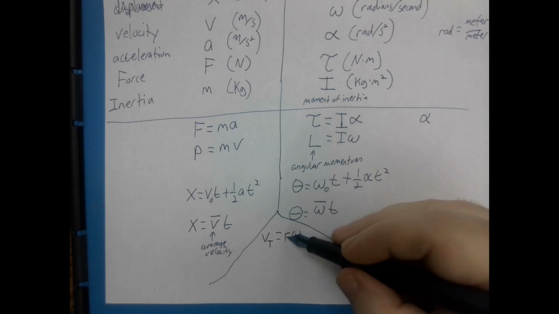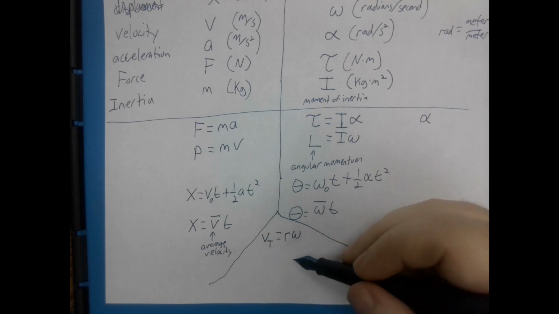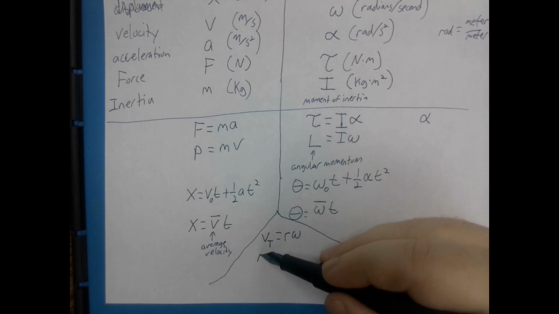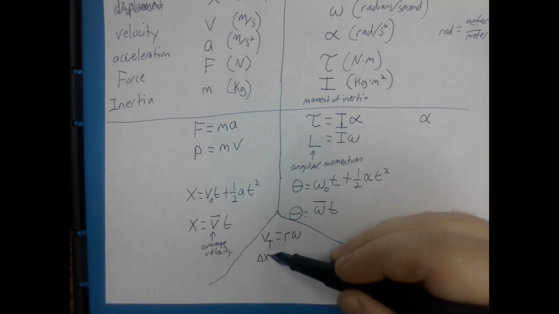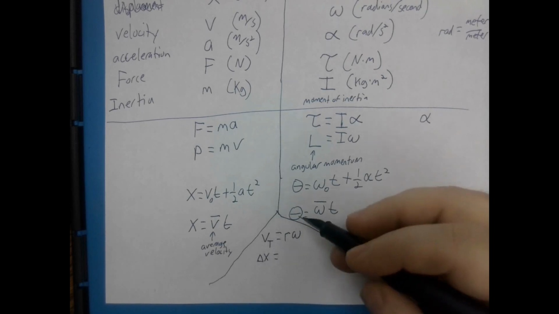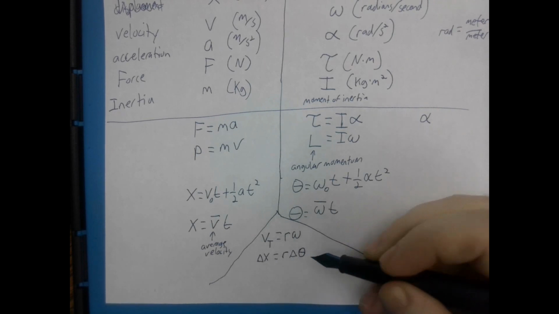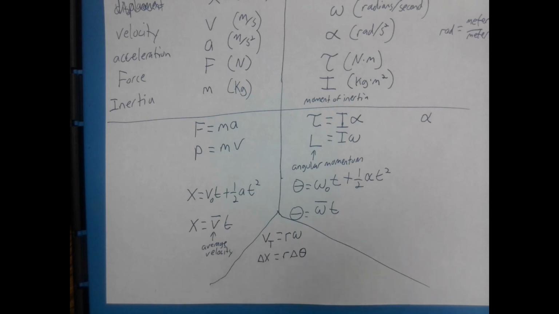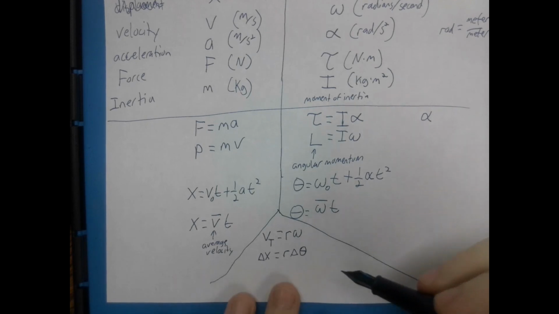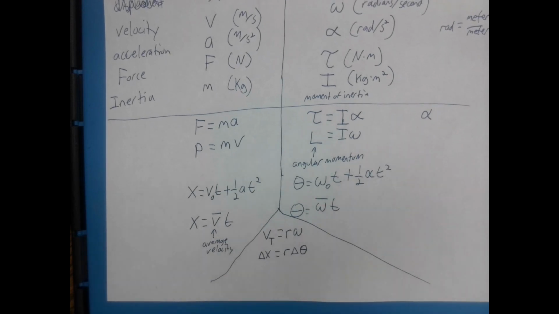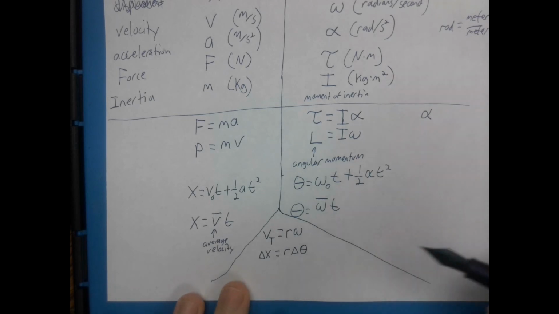So rotational speed times the radius is equal to tangential speed. Your displacement would be equal to r delta theta, which makes sense.